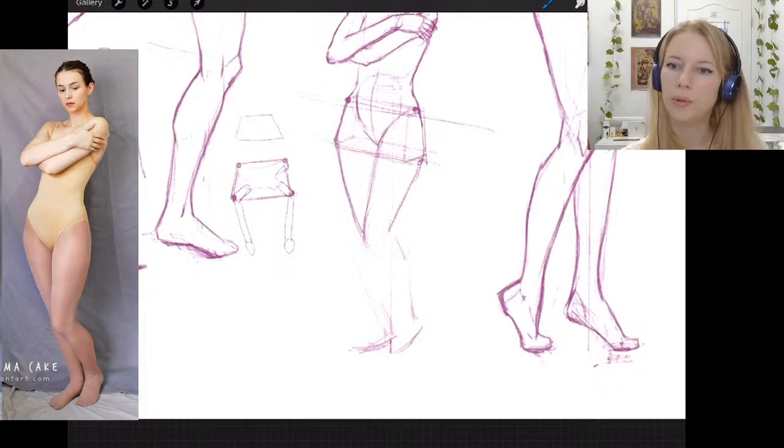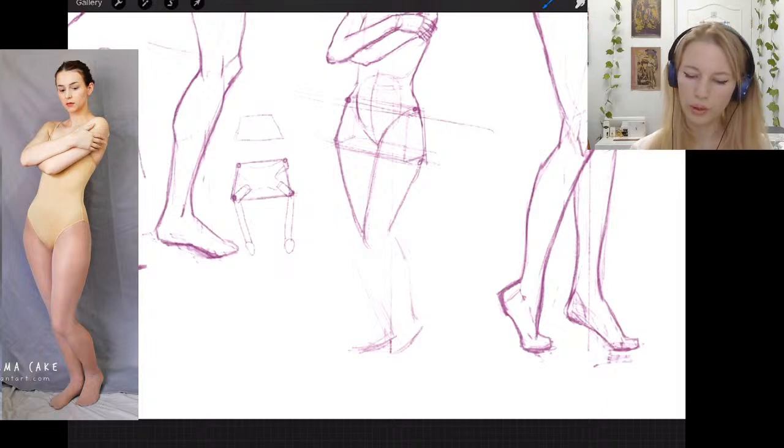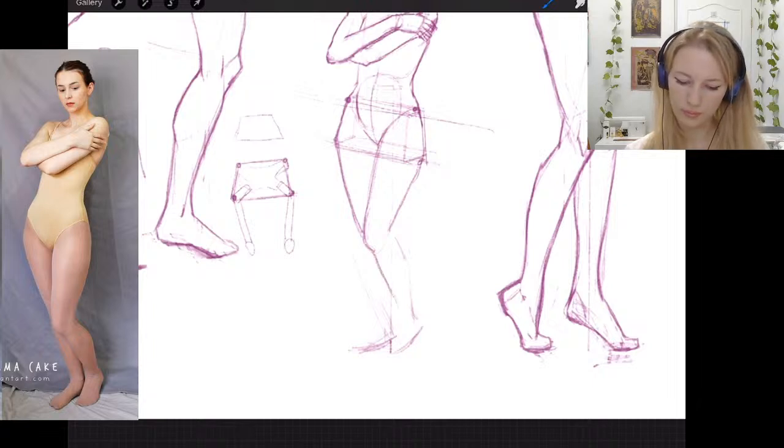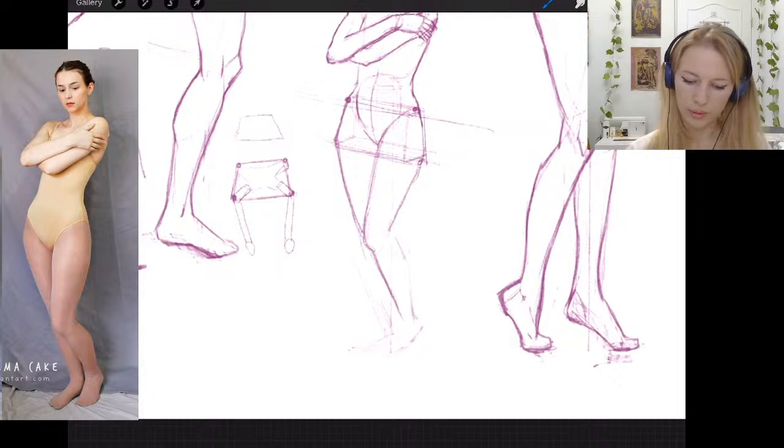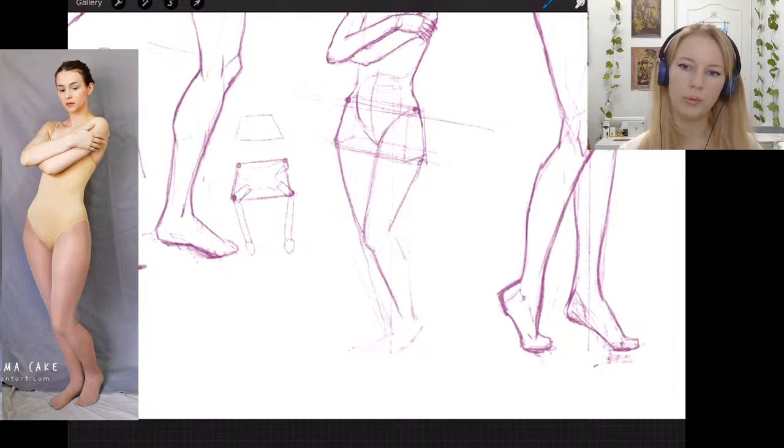Okay, now it's time to continue working with the lower legs. And in this sort of pose, I think it's important to understand what the relation of these two legs to each other is, where is located what and stuff.